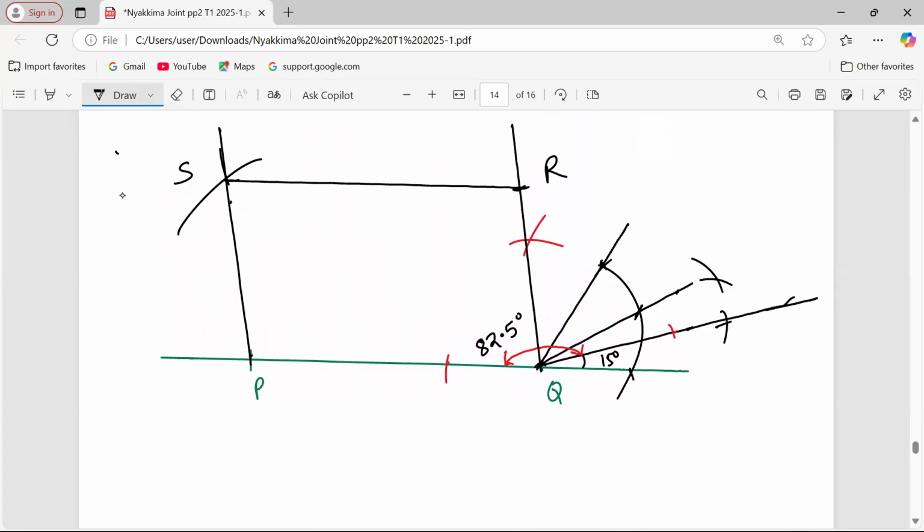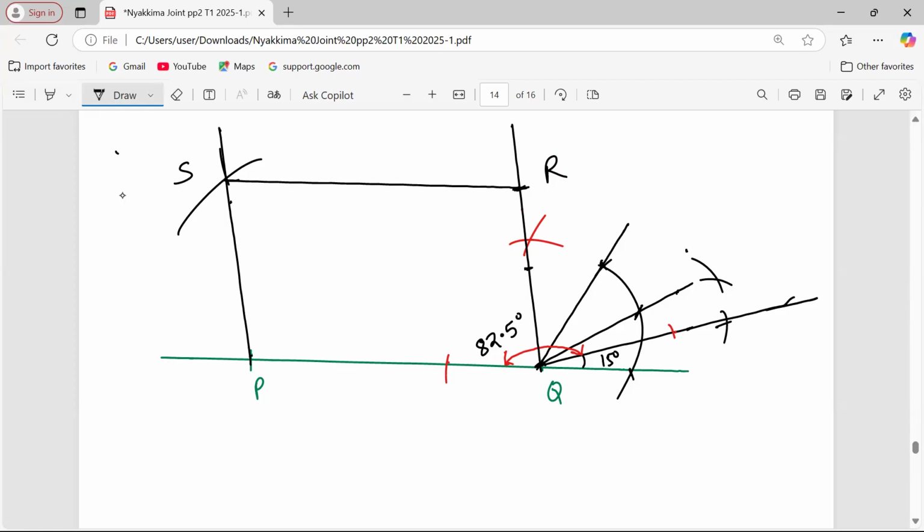So we bisect perpendicularly the distance from Q to R. Therefore, the first thing is to identify the mid. Then we bisect perpendicularly.